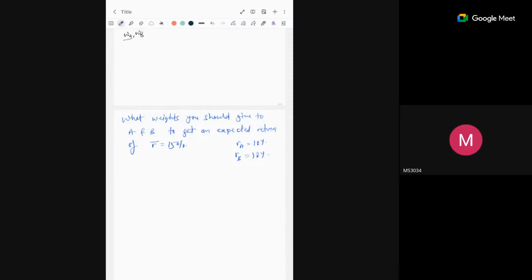Then what are the weights you should give to these two assets? You should not complicate yourself, and you should know the formula for the expected return of a portfolio.